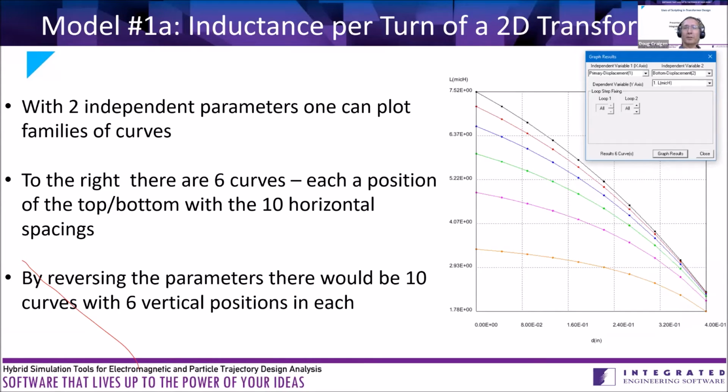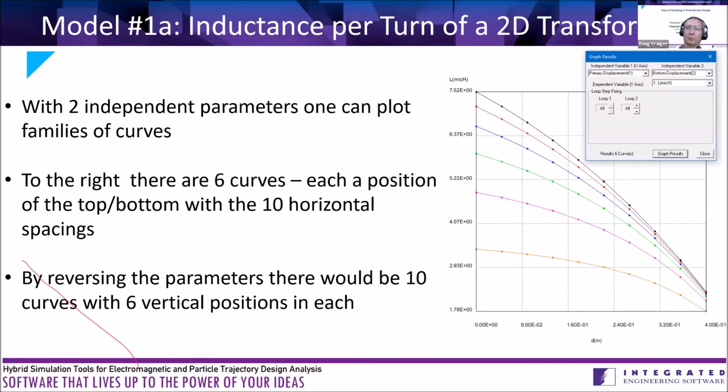So with the 2 independent parameters, I can plot families of curves rather than just one curve. If I had one parameter, I would get something like inductance versus side width.